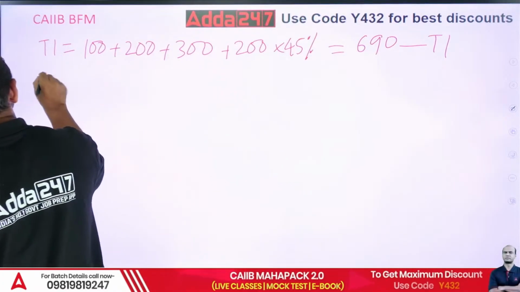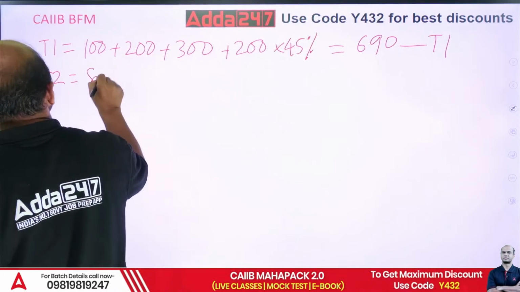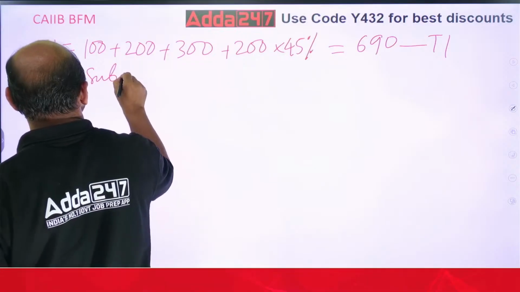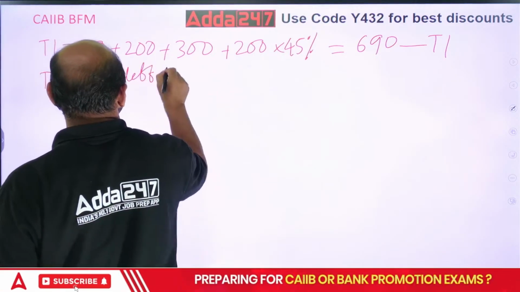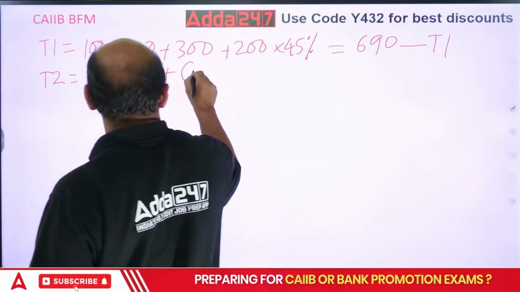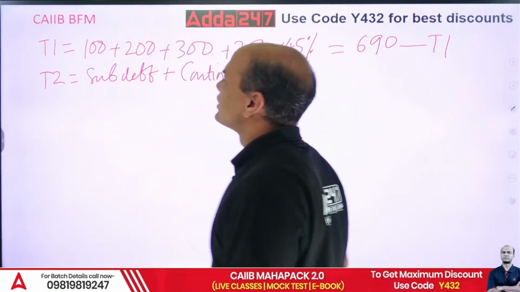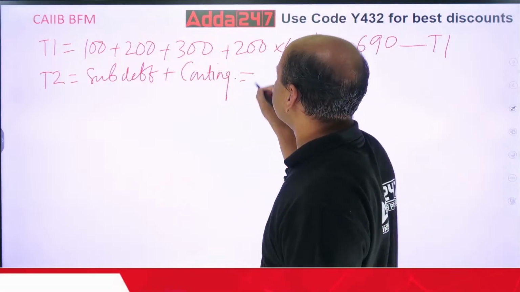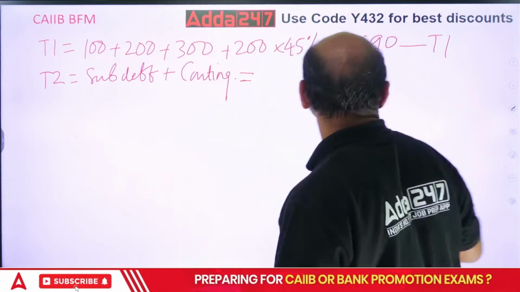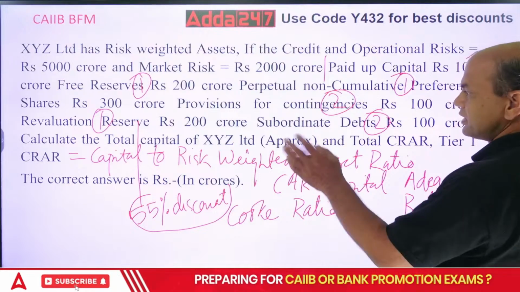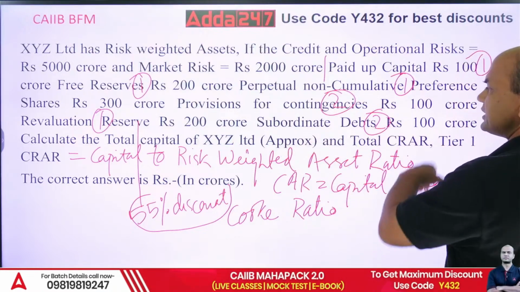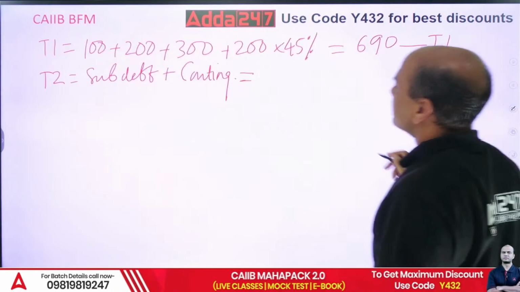T2 equals subordinate debt plus that contingencies. Subordinate debt is given as, this one, 100 CR. So I'll write it 100 plus.